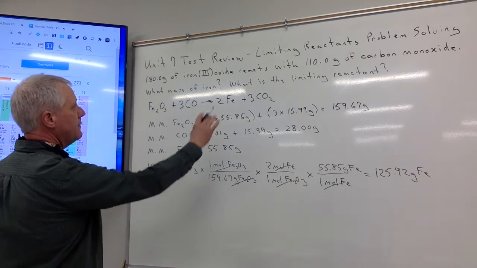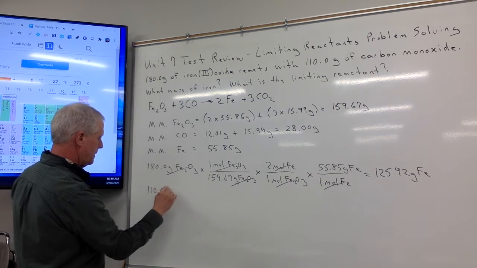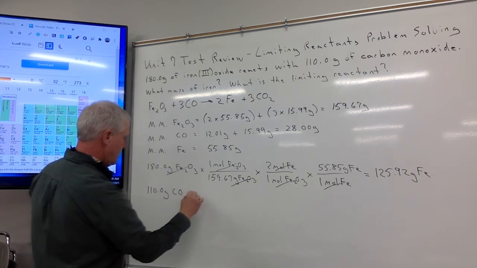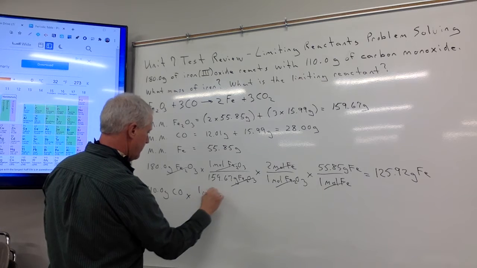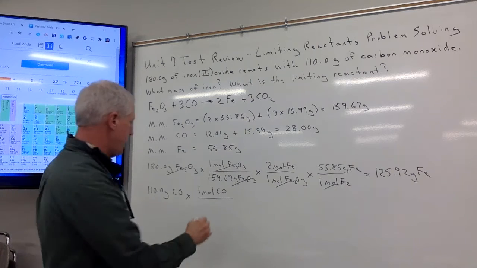So we have 110 grams of carbon monoxide. In 1 mole of carbon monoxide, we have 28 grams.